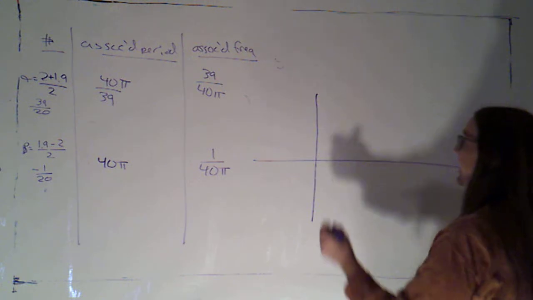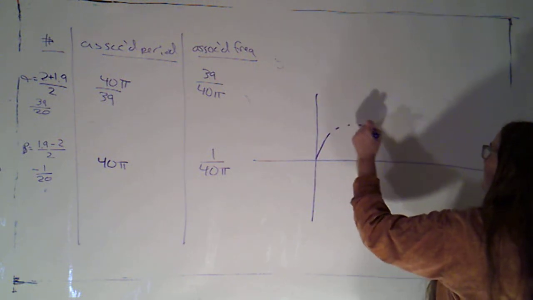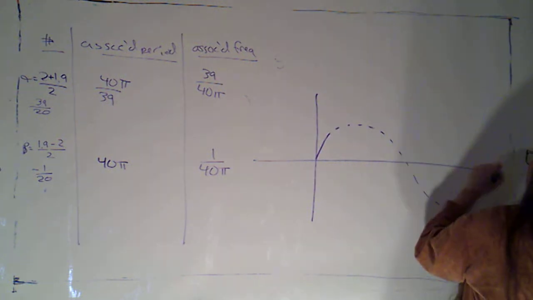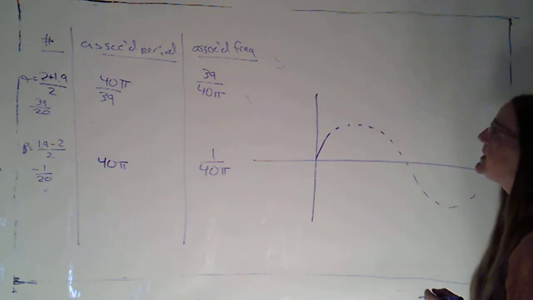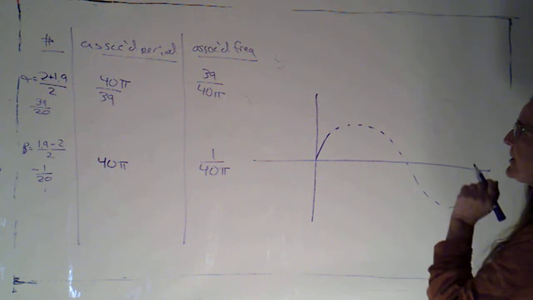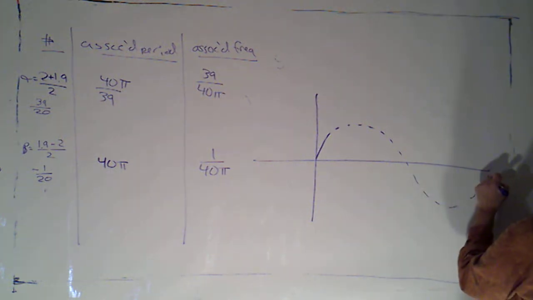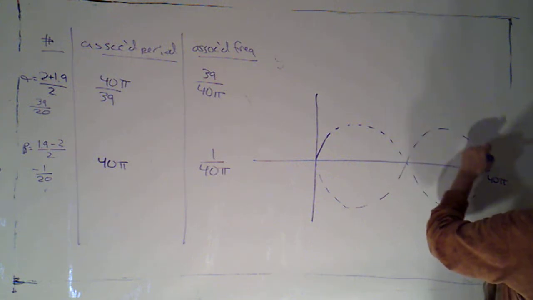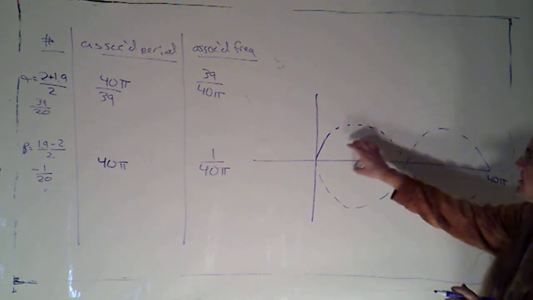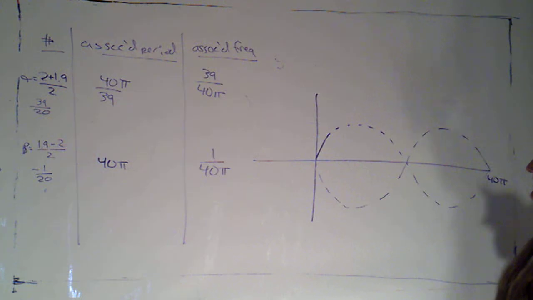So if I were to draw a beat, there's just the sine curve that determines a beat. The period for that is 40 pi. I'm going to go ahead and draw in the mirror image of that. My rapid oscillations need to occur here in the middle of this.